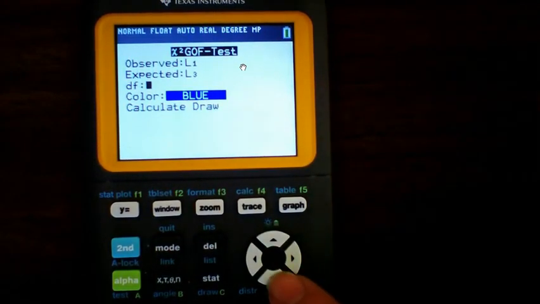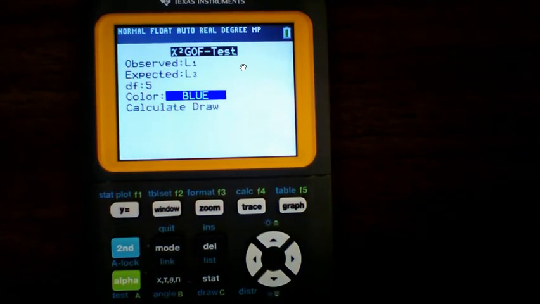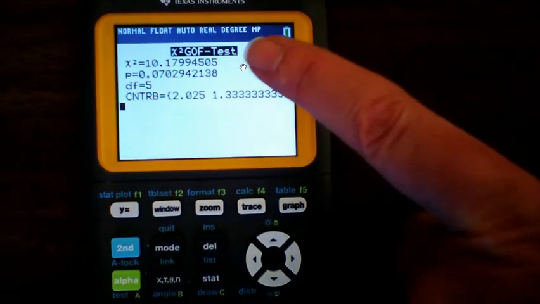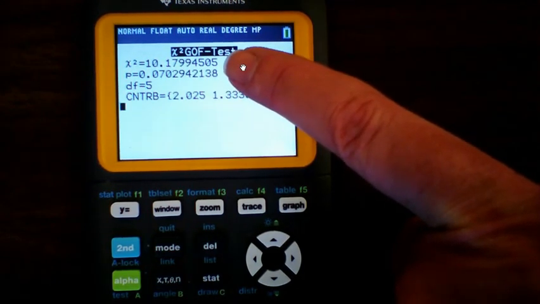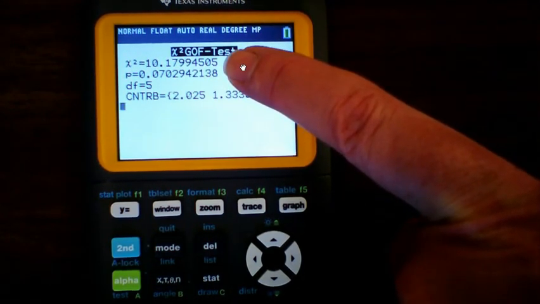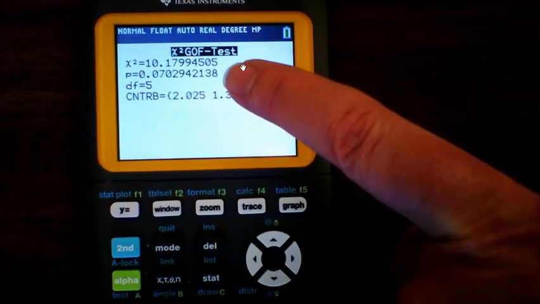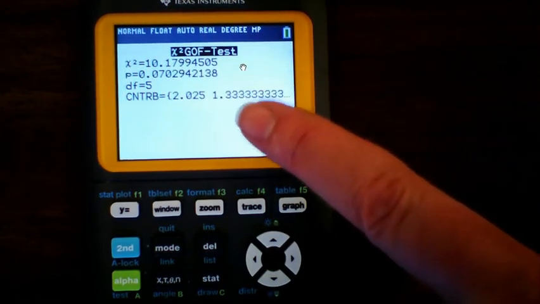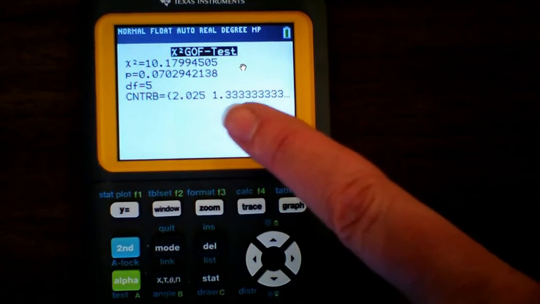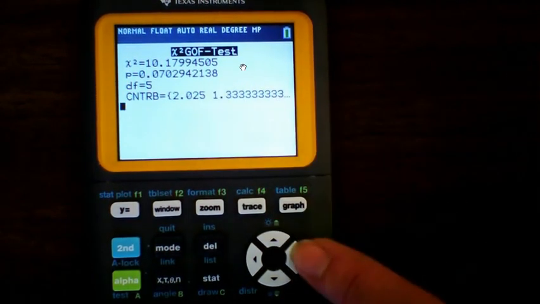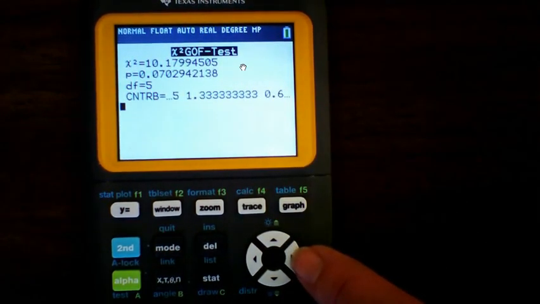maybe because I've used this before for this, I'm not sure, but I'm going to hit calculate, boom, and you can see that you get your chi-squared. There's the sum of the chi-squareds, which I already knew. Here's the p-value, which I knew. I've got my degrees of freedom, which I had to input. But then you can also scroll through and you can actually see all the contributors.